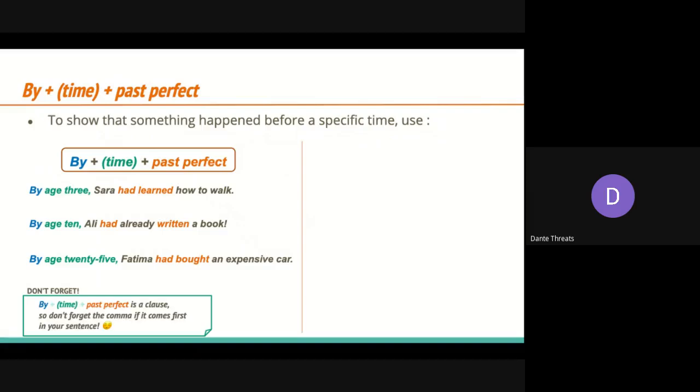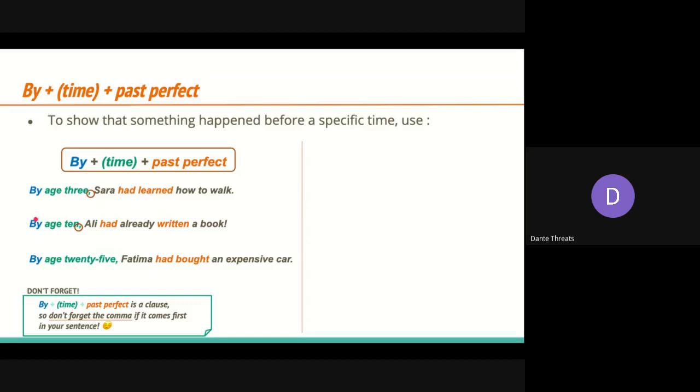Okay, don't forget, by plus time plus past perfect is a clause. So don't forget the comma if it comes first in your sentence. Okay, don't forget the comma, right? If you look here, by age 3, all right, this is a dependent clause, so it needs a comma, okay?